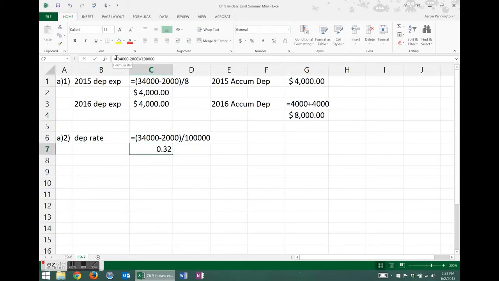And that gives 32 cents depreciation per mile. All right.